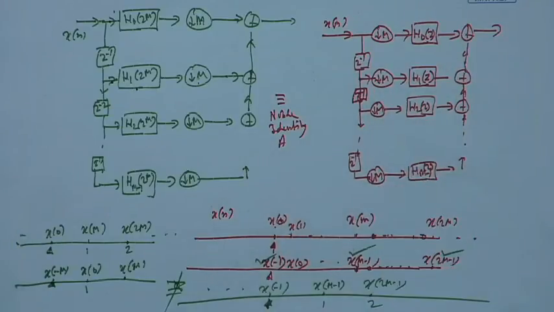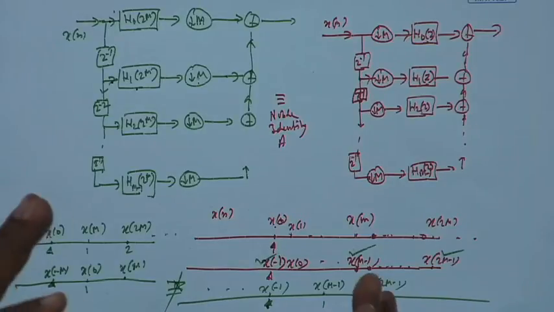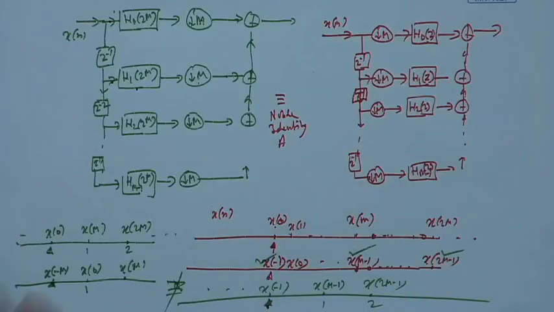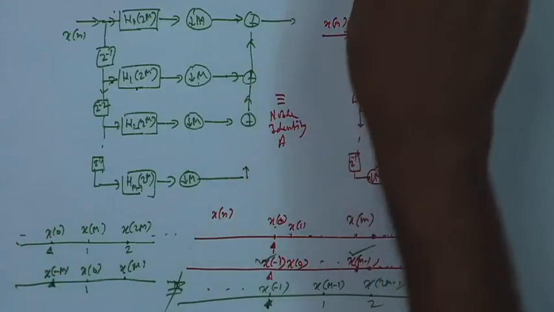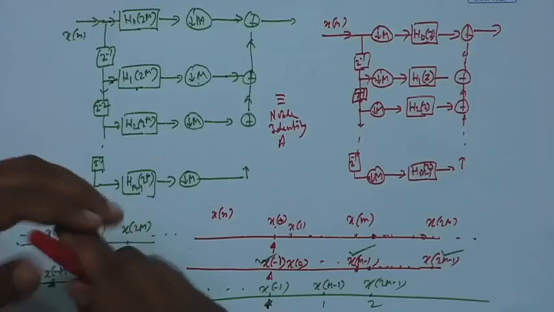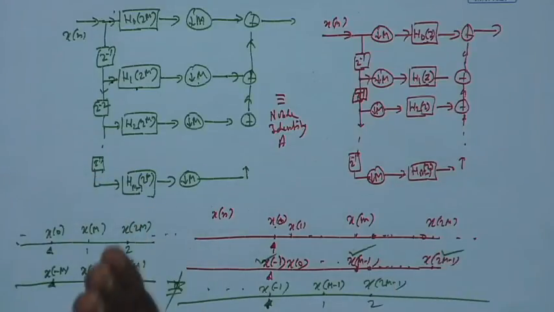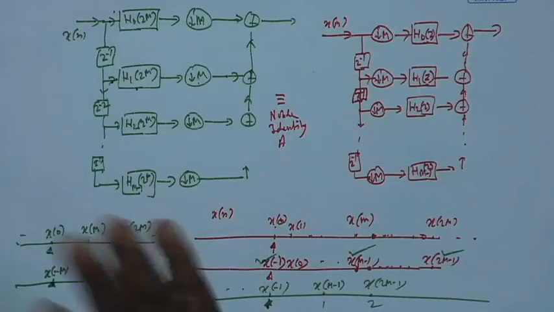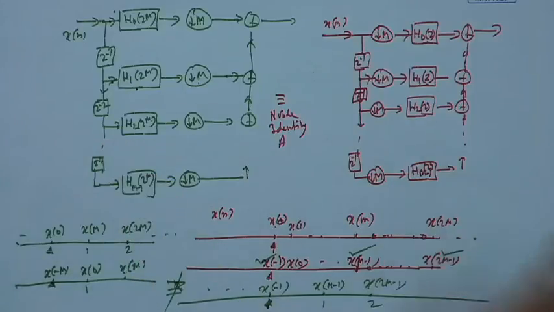Two systems can be interchanged if both are linear and shift invariant. Then the overall transfer function is H(z), which is H1(z) into H2(z), which you can also write as H2(z) into H1(z). If you have a system with transfer function H1(z), it means the system is linear and shift invariant. You have another system in cascade, with transfer function H2(z), that is also linear and shift invariant.